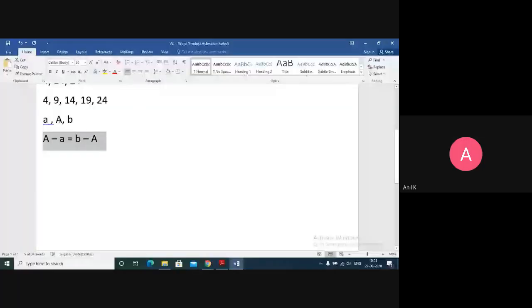If I simplify these terms, I'll get 2A equals B plus A. So the value of A will come as B plus A by 2. This will be for any question.